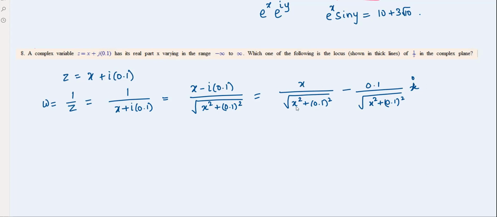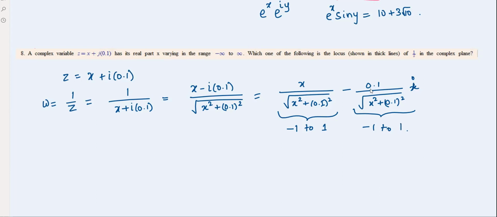Now for all real values, the denominator will always be greater than the numerator. So this will vary from -1 to 1. It will not be exactly equal to -1 or 1. And simultaneously, this will also vary. It can take 1 when x equal to 0.